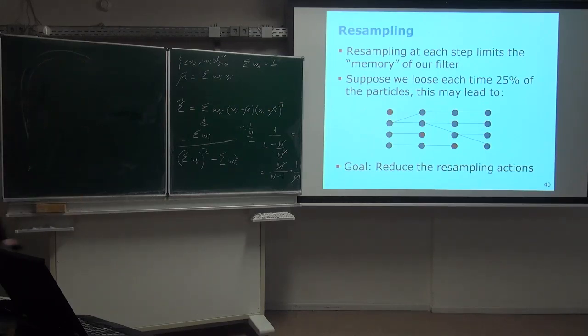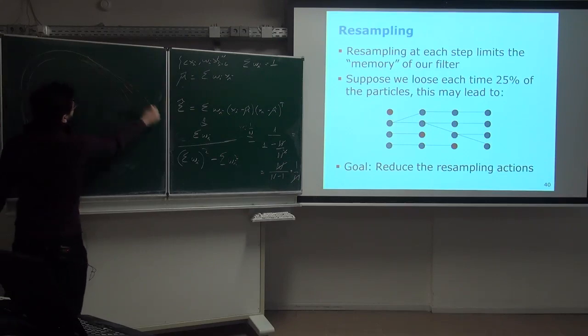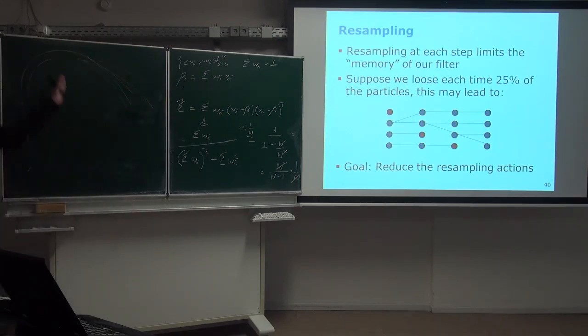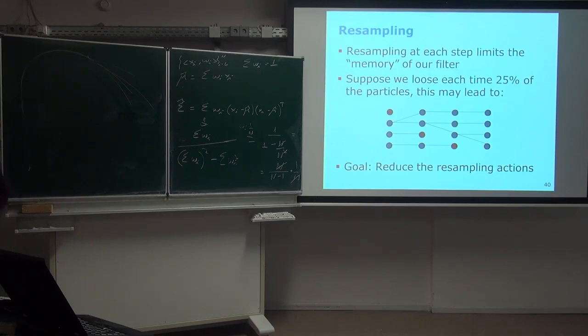If you do it over and over, each of them over time will go on a different trajectory, but the history behind will still be the same. You do another resampling, and you will maybe eliminate this history completely, and you will just be left with these few trajectories around.